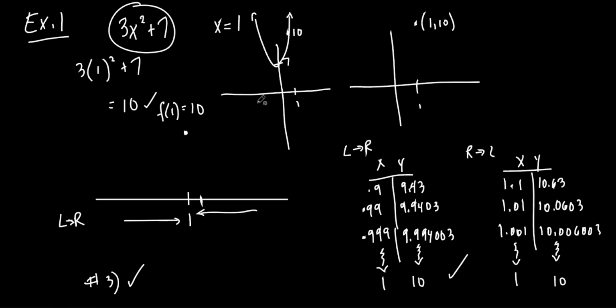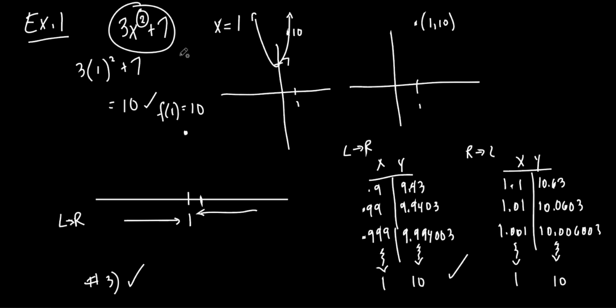Well, we just wanted to go through those 3 tests of continuity, or the 3 parts of the test of continuity, just to show you that it does work, instead of just drawing it, all right? So let's just say we're not allowed to draw it, and we got to decide if it's continuous or not. Basically, anything with a squared on there is going to be a continuous function.